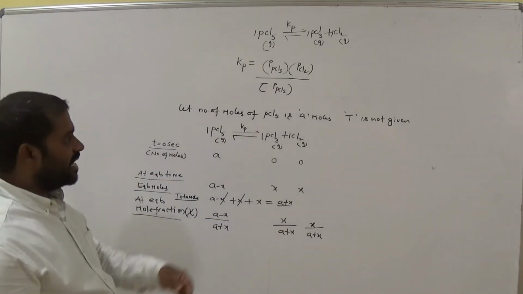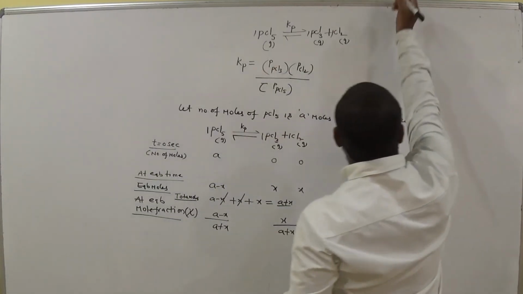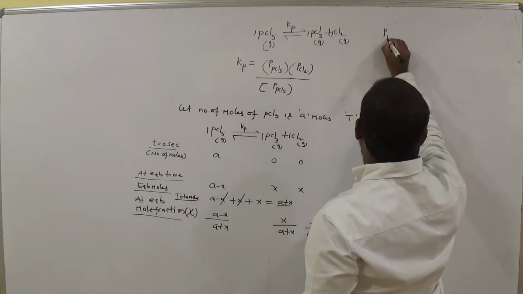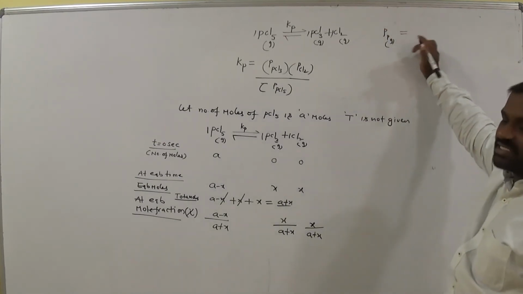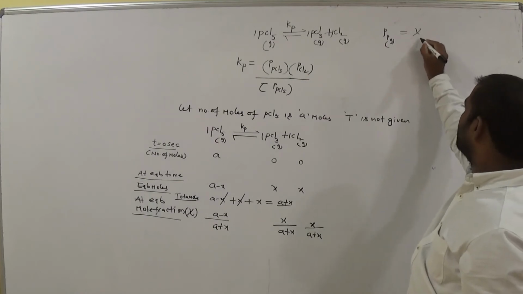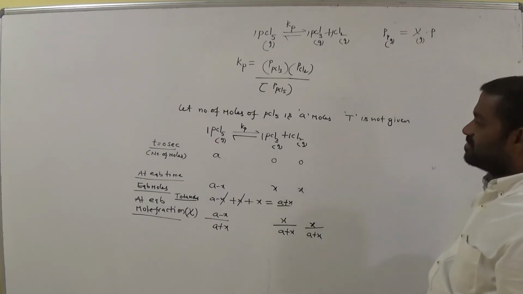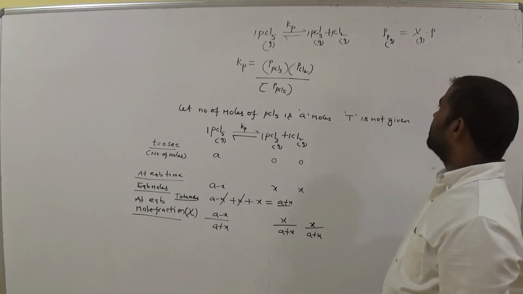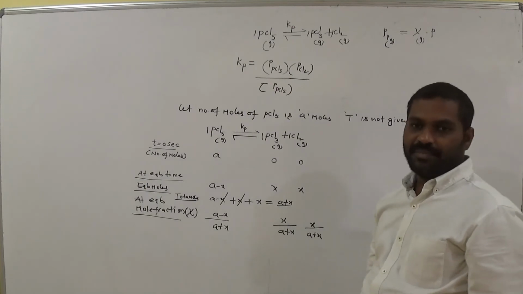Now I would like to name the partial pressures of the gases. Partial pressure of a gas is equal to the mole fraction of the gas into the total pressure P. Total pressure, we have the relation. Now I would like to calculate the partial pressure of PCl3.